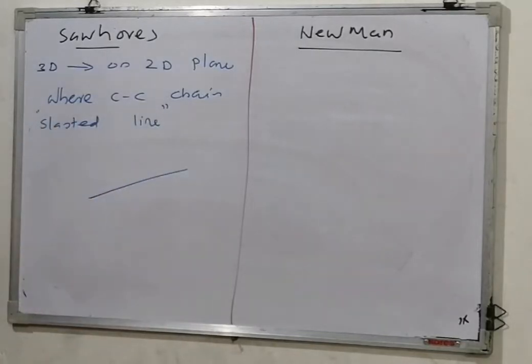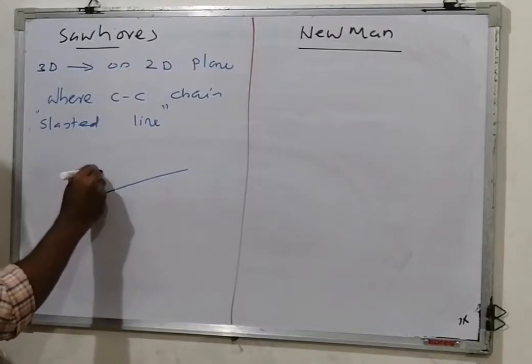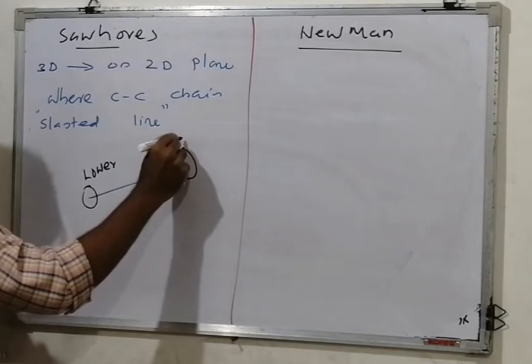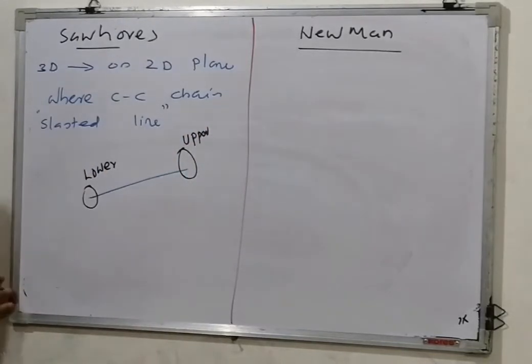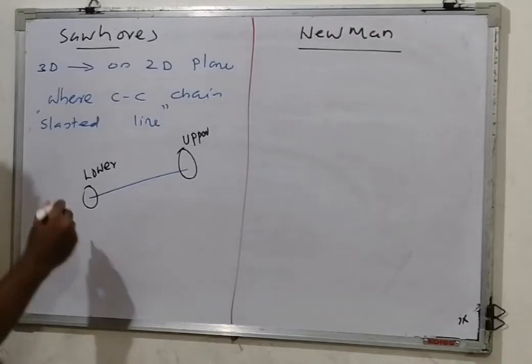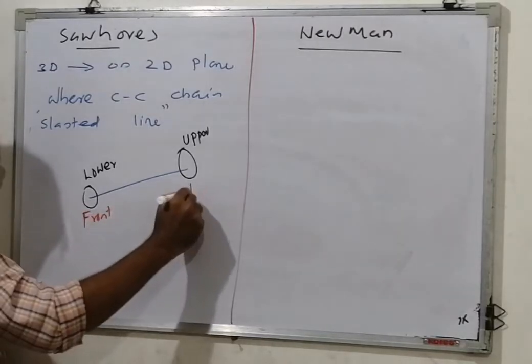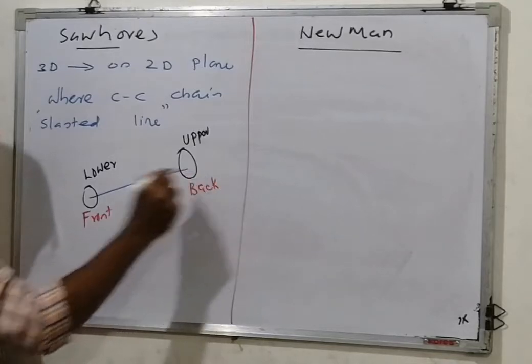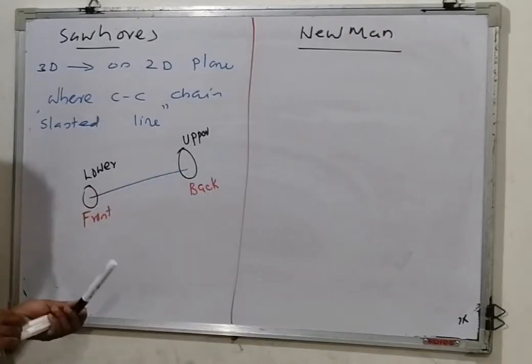The lower part and the upper part of the slanted line: the lower part represents your front carbon, and this is the back carbon. And this is one carbon-carbon bond.